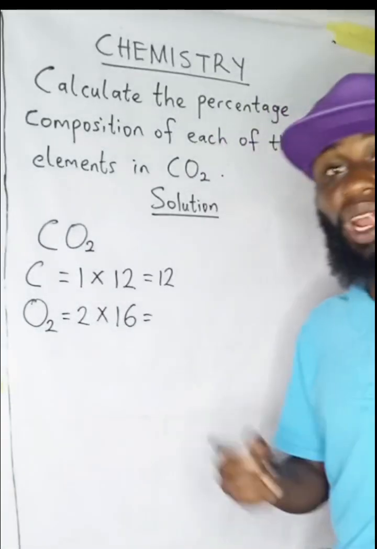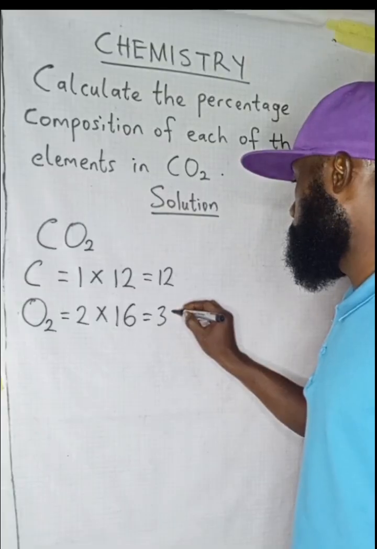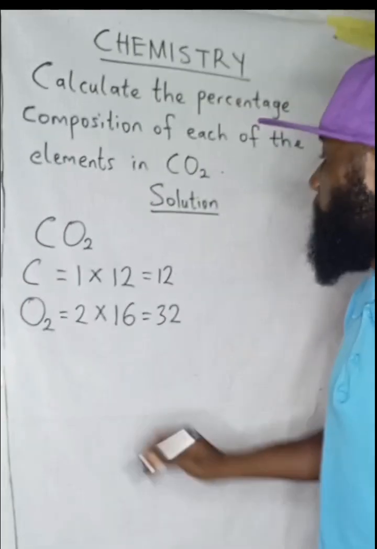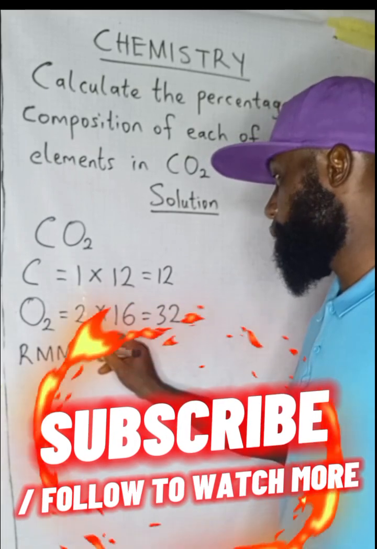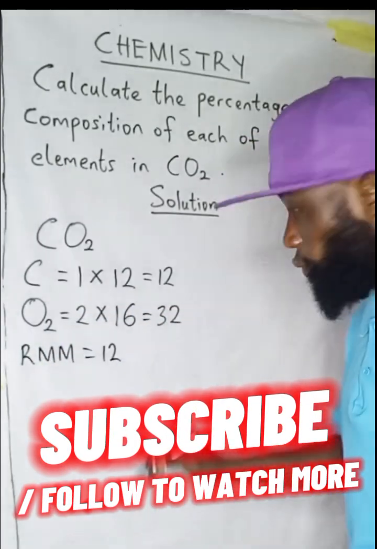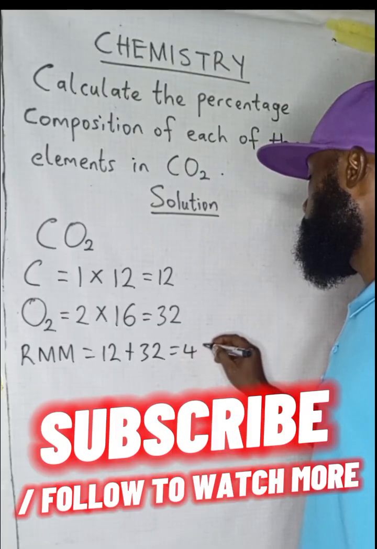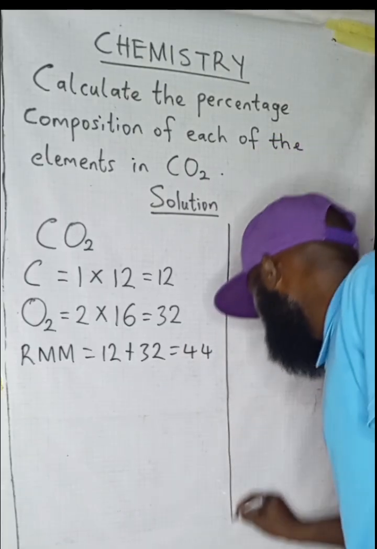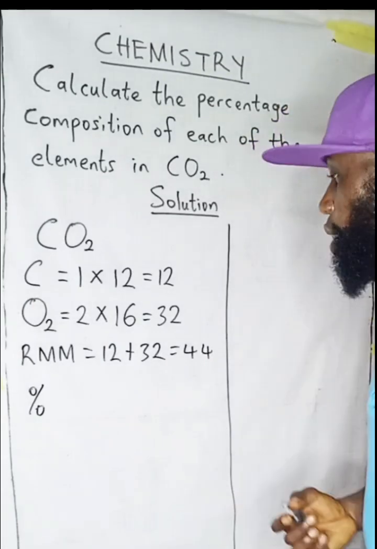Therefore, the relative molecular mass of the oxygen here is 32. Meaning that the relative molecular mass of the compound carbon(IV) oxide is 12 plus 32, which is 44. We can now find the percentage composition of each element.